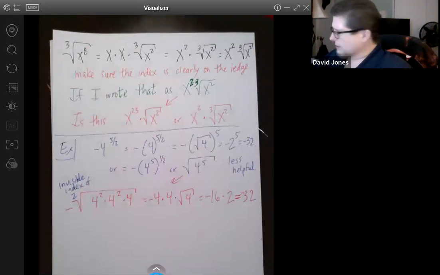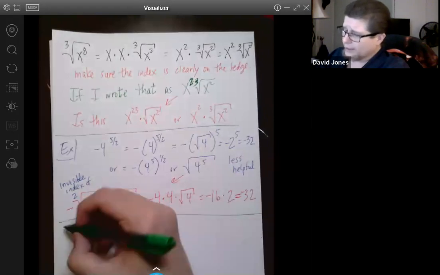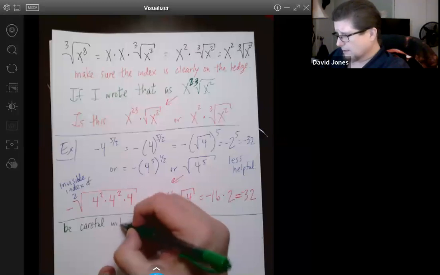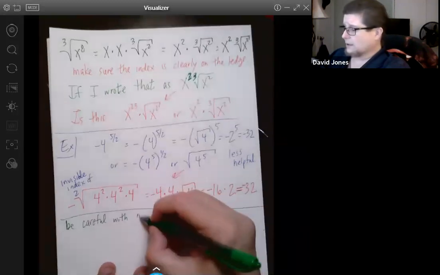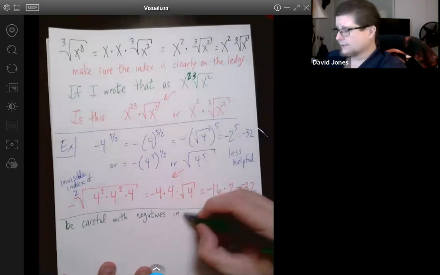But I do want to point out something to be aware of. Be careful with negatives inside radicals.